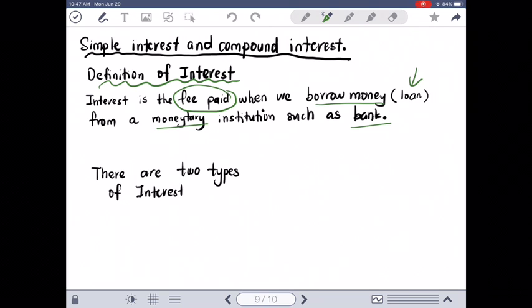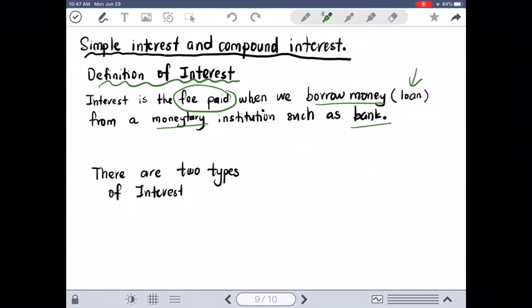Therefore, you go to the bank. Say you go to maybe Maybank or Public Bank or any banks to loan some money, pinjam duit, and the bank will give you the amount of money you required, but they will charge you with some extra charge.